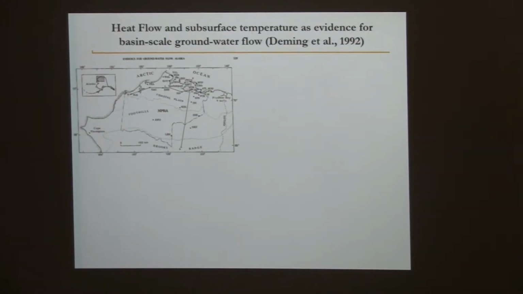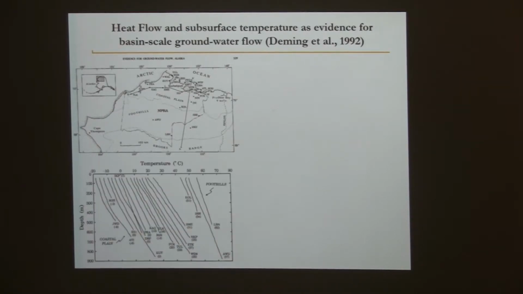For instance, I just show an example that comes from North Alaska, from Deming et al., where they measured temperature at sufficiently great depths. Here you can see that it goes up to 600, 1,000 meters deep, and they measured from the Brooks Range along the cross-section toward the low altitude terrains here, and here is the Arctic Ocean.